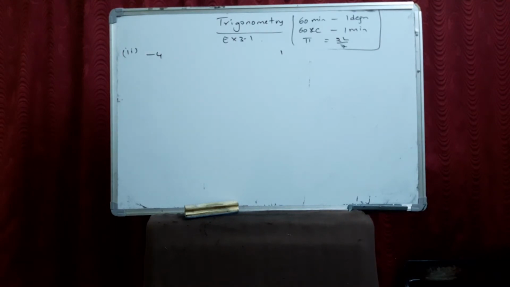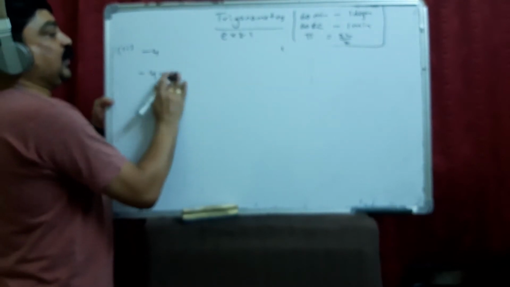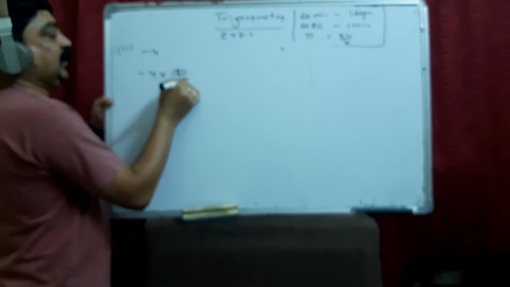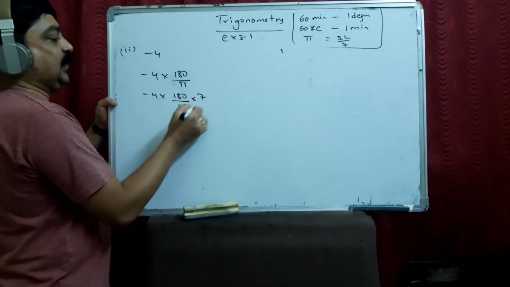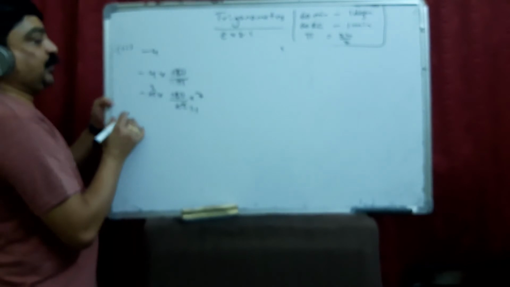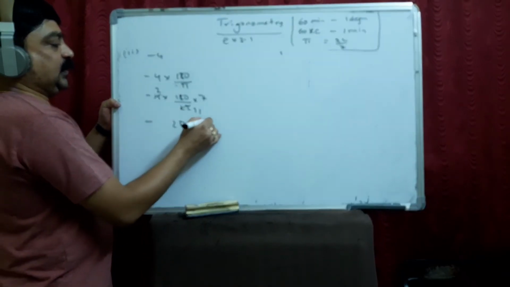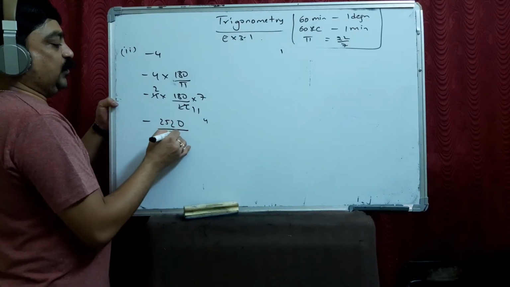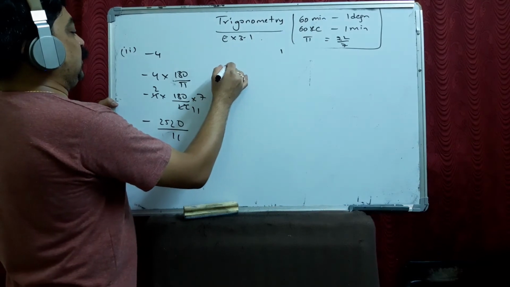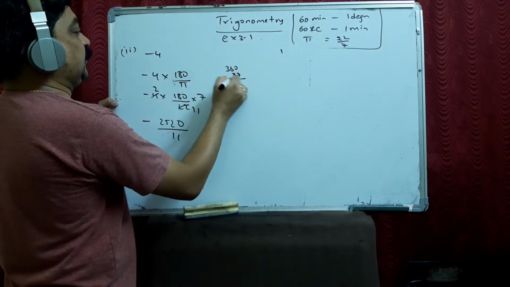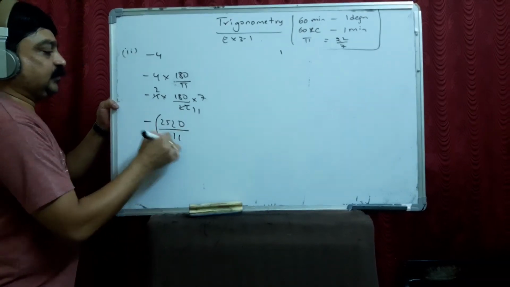Minus 4 into 180 by pi, so minus 4 into 180 by 22 by 7. Minus 360 into 7 by 11, which is minus 2520 by 11. Let us check again. 360 into 7 is 2520. Yes, this is in degrees.